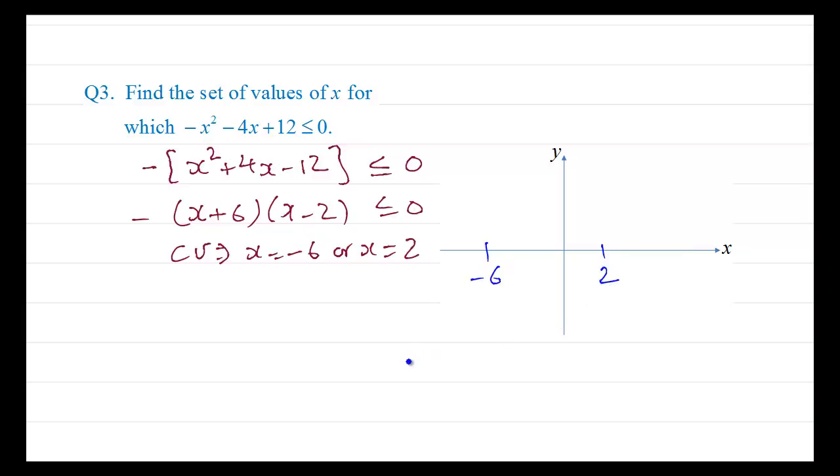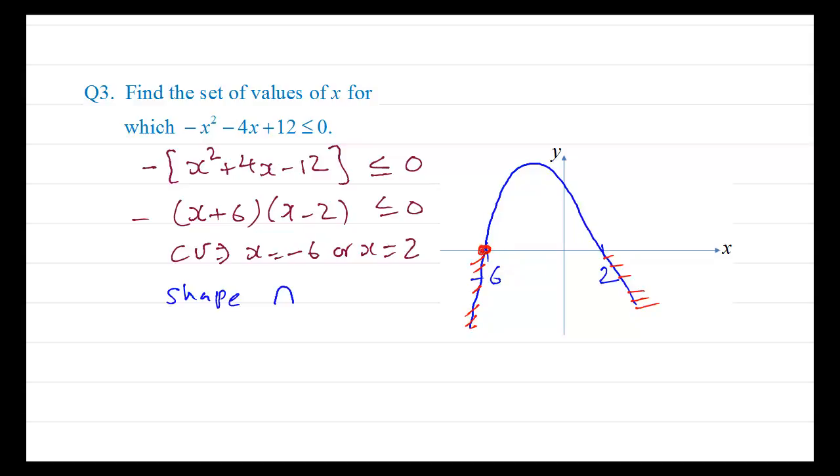Now this time, because the coefficient of x squared is negative, the shape is sad face or N shape. Then just sketch the curve. Now because the inequality sign is less than or equal to 0, you shade the curve below the x-axis.